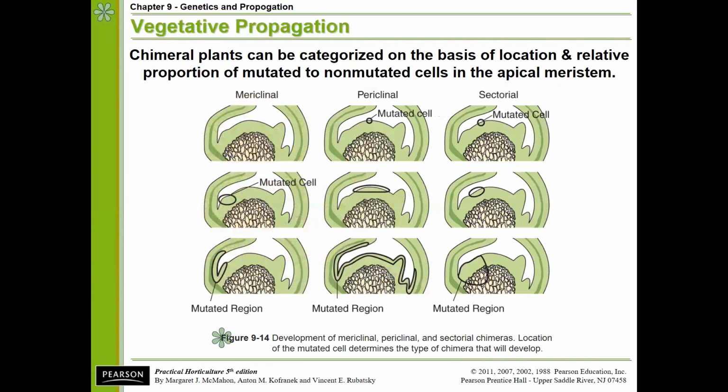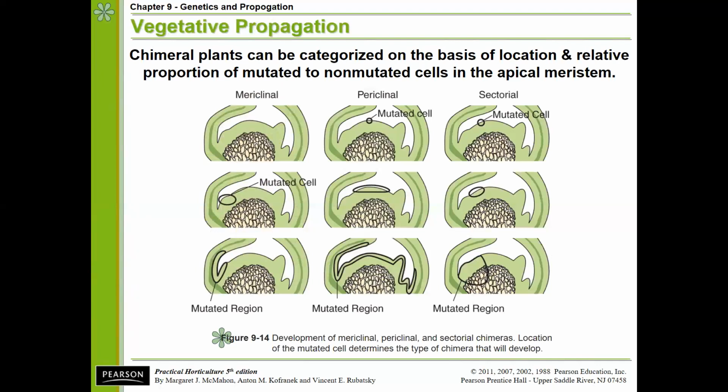So looking at the chimeric plants, based on the location and the relative proportion of mutated versus non-mutated cells, we've got mericlinal, periclinal, and sectorial chimeras.